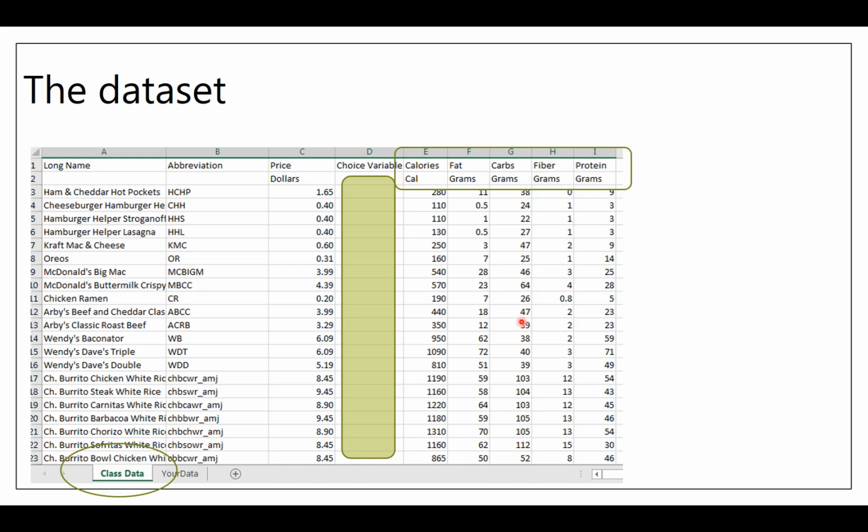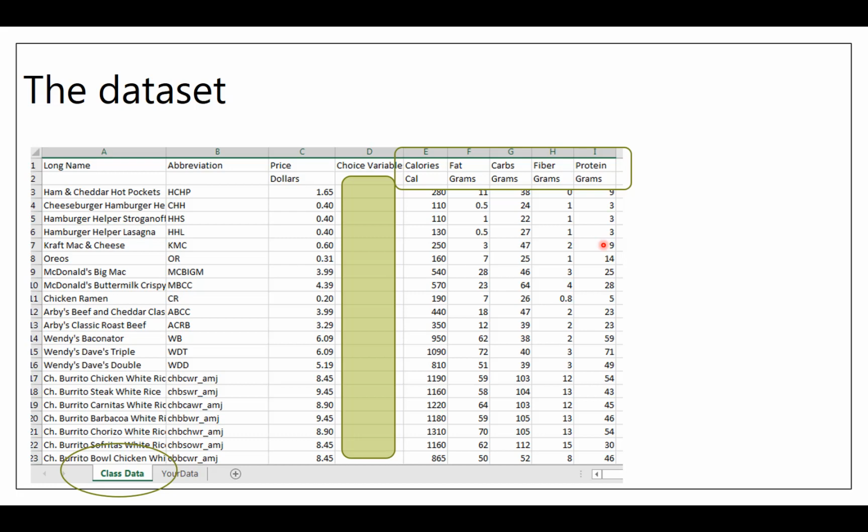Again, the cost here is 60 cents versus $3.29. So you can start to see how the analysis is going to work. But where does it suffer? Well, it's only 9 grams of protein. Arby's roast beef is 23, so it's 2.5 times. But the cost is 2.5 times or more.